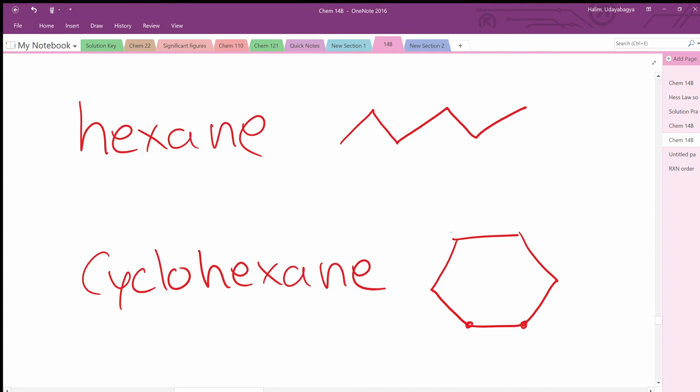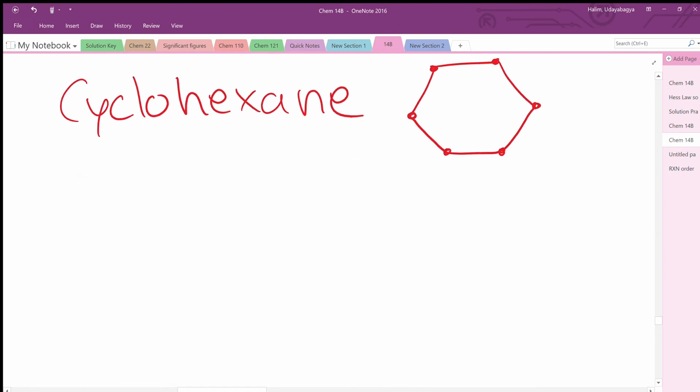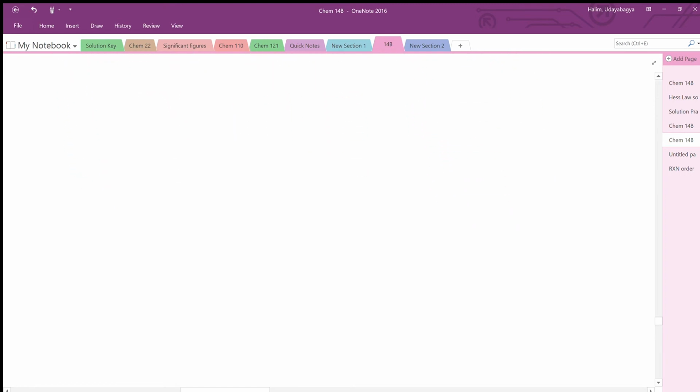So if I were to ask you a cyclopentane, what would it look like? Pentane is 5, so it just looks like a pentagon. How about this one? Let's increase the difficulty a bit. So let's do 1,1-dimethylcyclopentane.